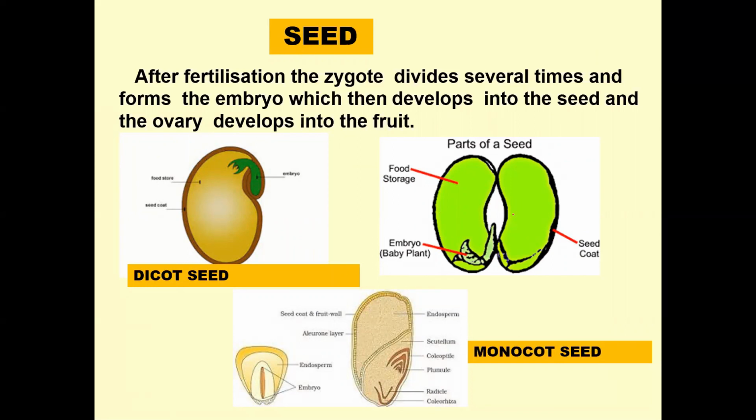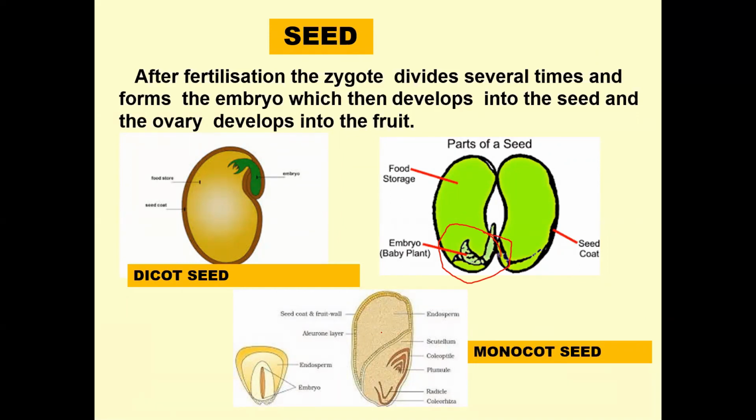These cotyledons store the food for the developing embryo. All pulses have dicotyledonous seeds. You can see here, this is the embryo. So the embryo size is very small as compared to the cotyledon, because the cotyledon is the stored food for this embryo.